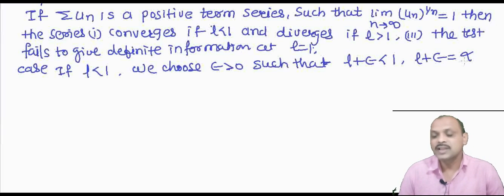So what is given: the limit of un raised to 1 by n equals L, and therefore the limit exists, so we can apply the definition of limit.